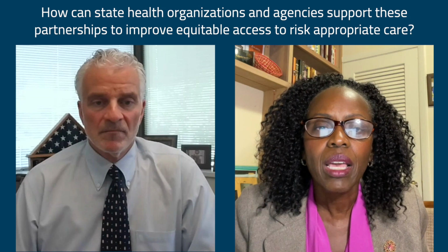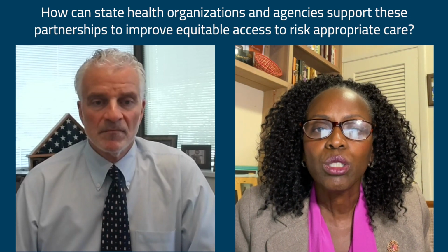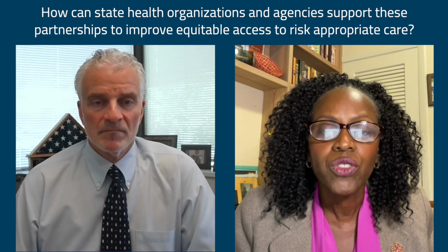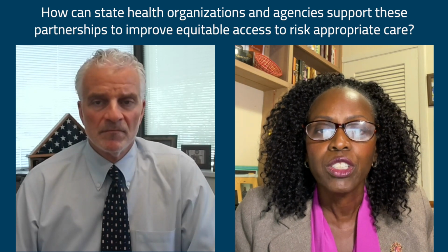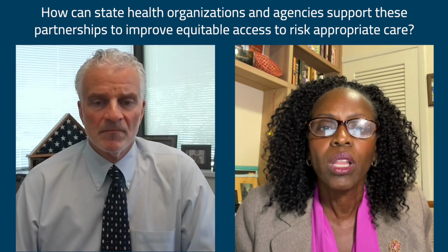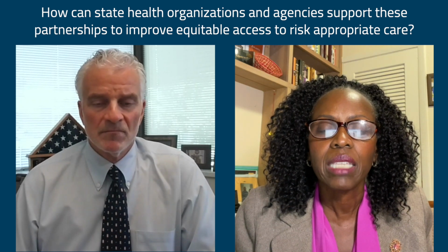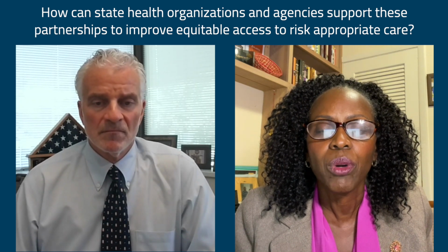So we need to think about these solutions, and they may of course vary by jurisdiction, and that's where state health officials play such an important role in understanding the landscape of care that may be available in particular areas.